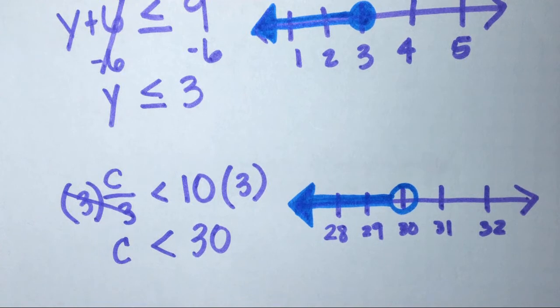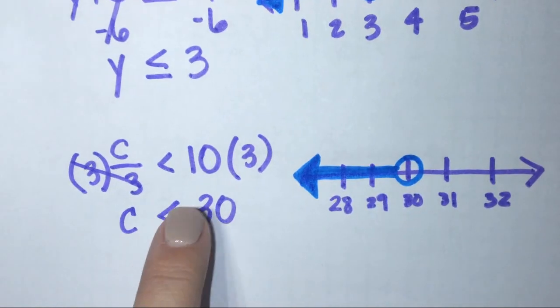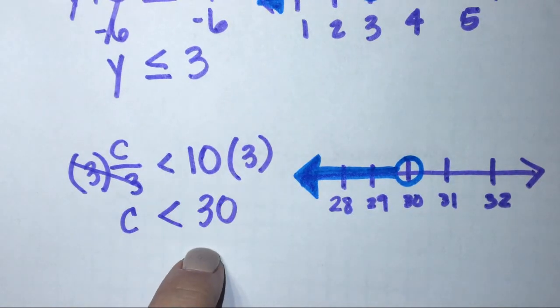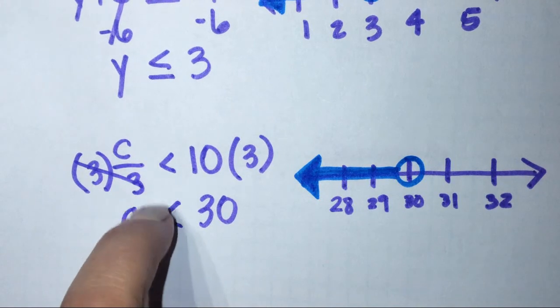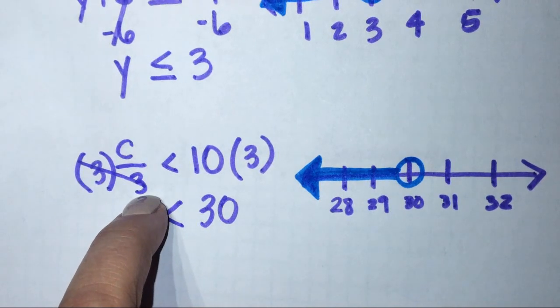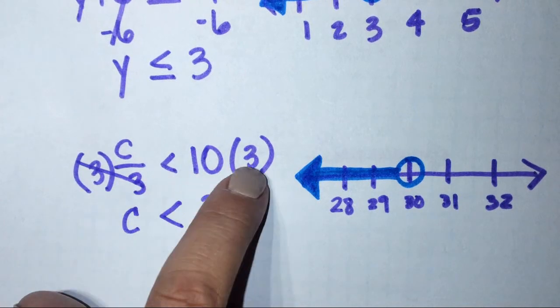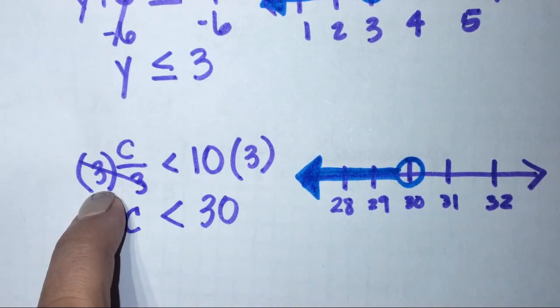Okay? All right, Lauren. So with the second problem you did, the C over 3, and then the other parentheses, how do you do that? So this is division. Remember, a fraction shows division. And I'm going to undo division by multiplying. So my parentheses just show multiplication.